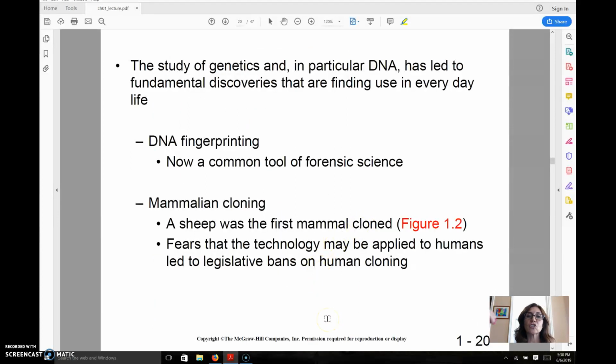And so to understand genetics, and in particular DNA science, we've been able to figure out ways to manipulate DNA so that we can understand how each different organism has a different set of sequences that leads to making that organism different. We're also able to look at DNA, what we call DNA fingerprints. This is a really common tool now used in forensics.